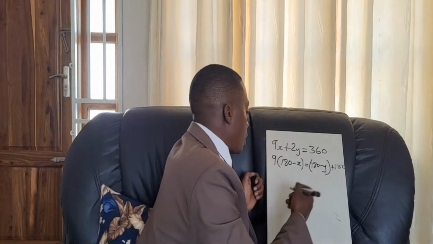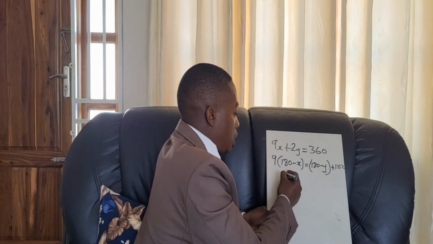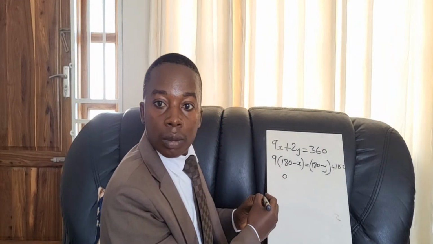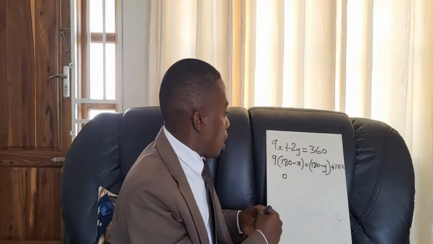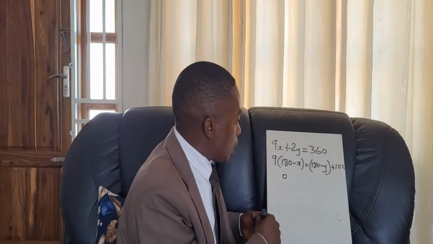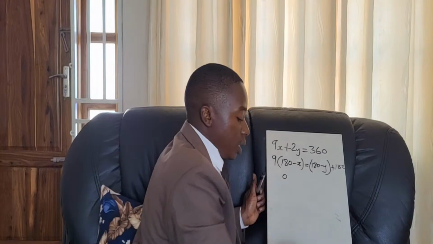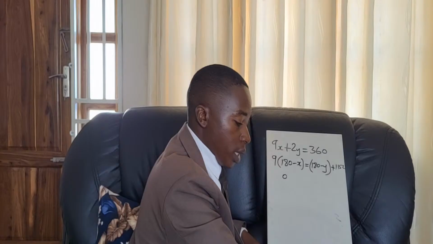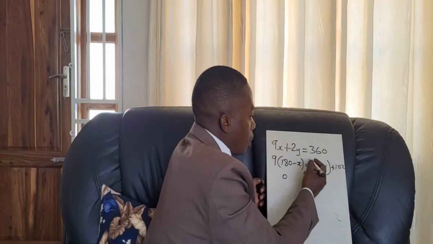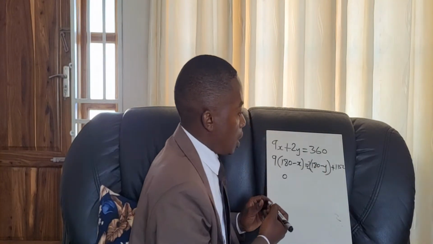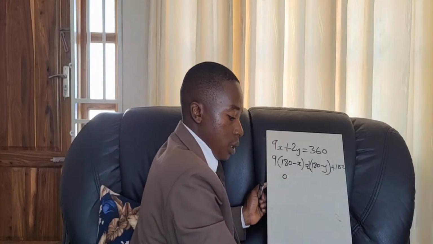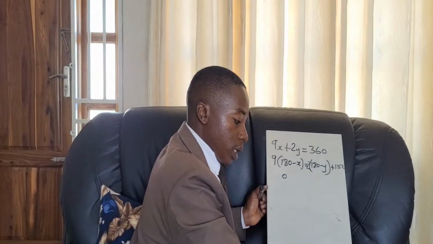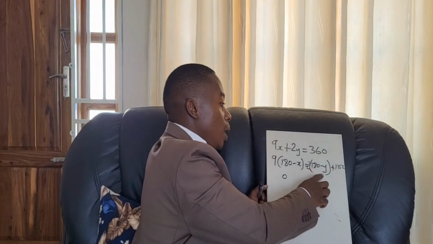So we are going to simplify this one. We forgot to multiply 180 minus y by 2 because they are 2 angles, so there should be a 2 here: 180 minus y times 2.